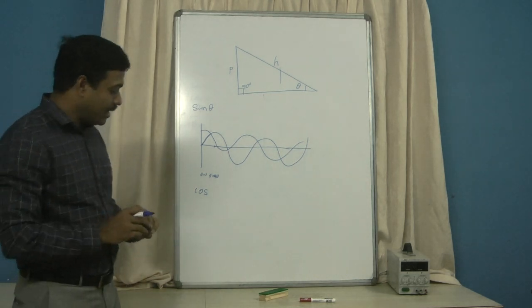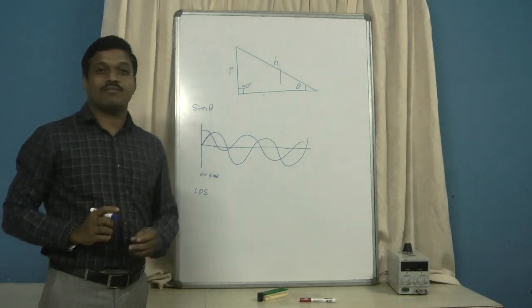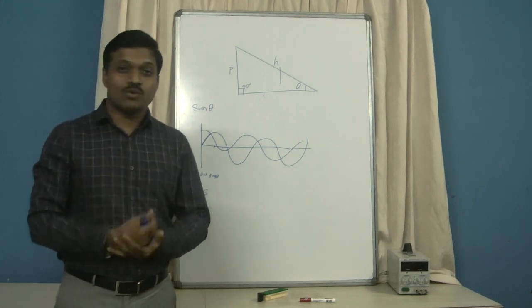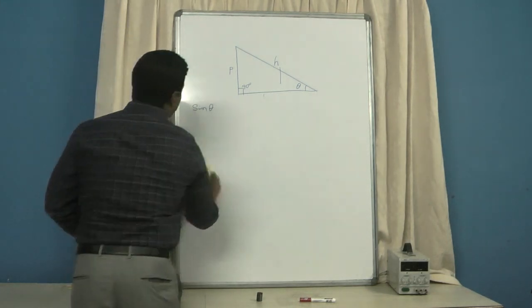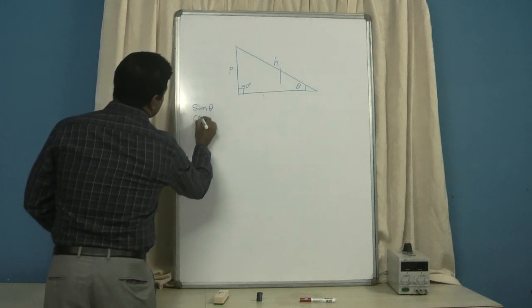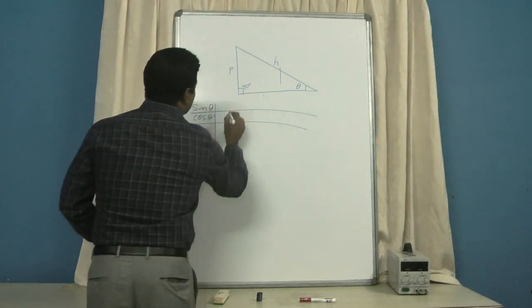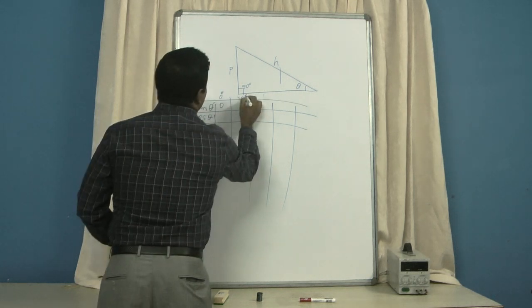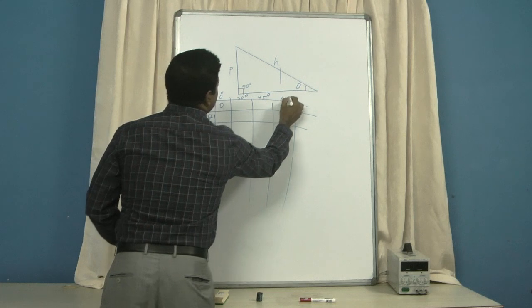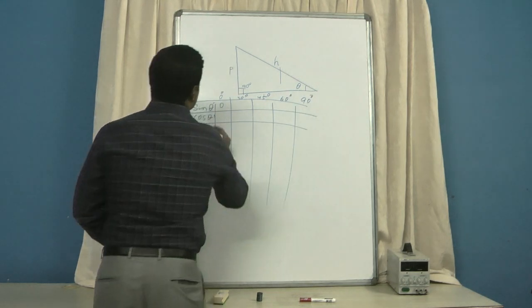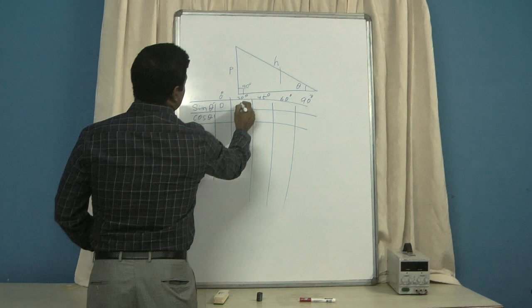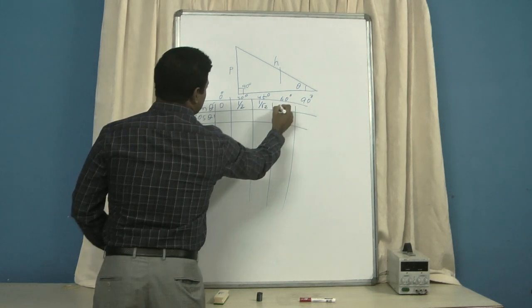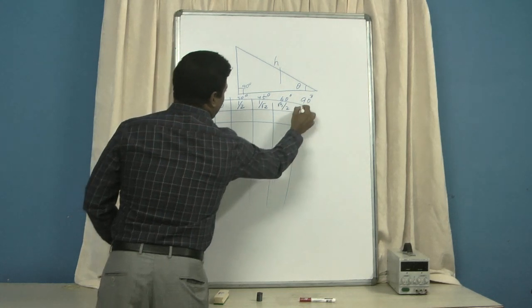We have lots of uses in mathematics, and in the study of physics, electronics and electricals we come to know them. Similarly, if we consider the values of cos theta and sin theta, as we saw, at 0 degree, 30 degree, 45 degree, 60 degree and 90 degree, sin will be 0. Sin 30 equals 1 by 2, sin 45 is 1 by root 2, sin 60 is root 3 divided by 2, and sin 90 is 1.